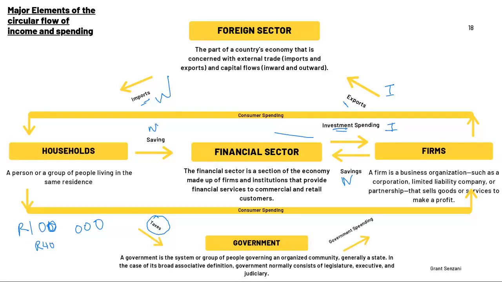What I'm left with at the end of the month is only 60,000, which means I cannot spend this 40,000 because it goes towards the government. Whereas if I had that money, I'd obviously be able to spend it. So therefore, it forms a withdrawal.